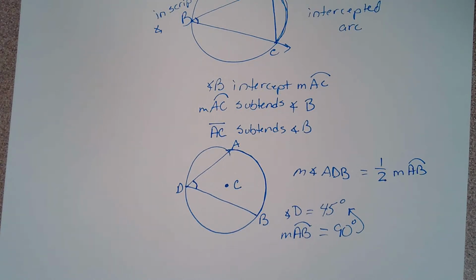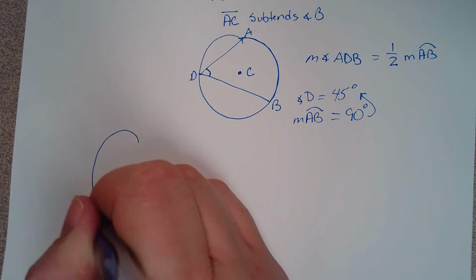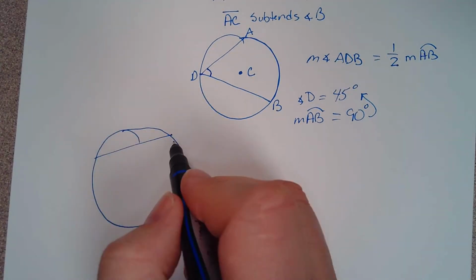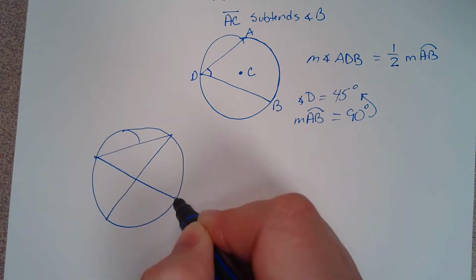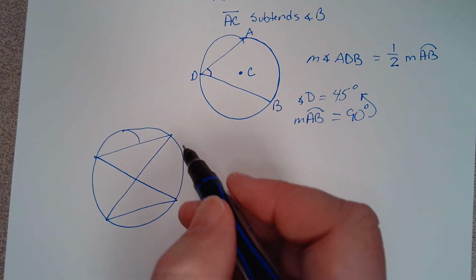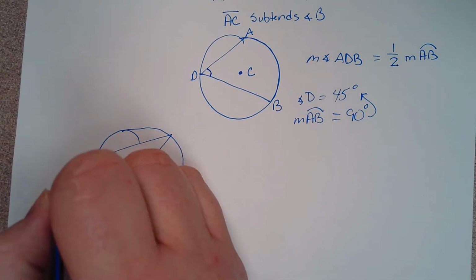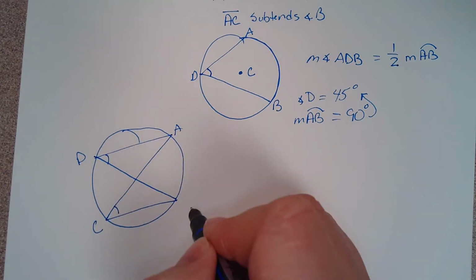All right, and then let's look at another one. This one is the Inscribed Angles of a Circle theorem. Let's see if I can draw this. It's a little trickier. So we have a line here, and then we zigzag here. Then we have a line over here that zigzags, and it comes across over here. So let's say that angles D and C are the same, and A and B are over here.